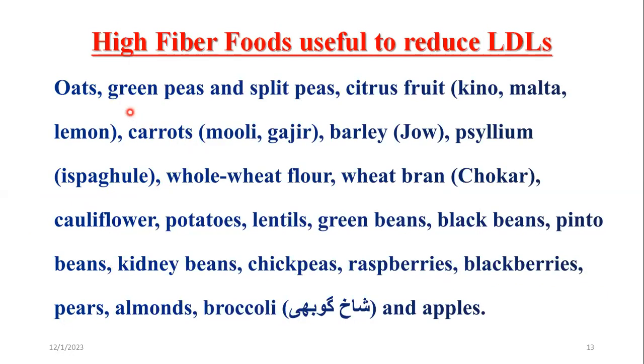High fiber foods are useful to reduce LDLs. They are oats, green peas, split peas, citrus fruits like malta and lemon, carrots, mooli, gajar, barley, psyllium, asparagus, whole wheat flour, wheat bran, cauliflower, potatoes, lentils, green beans, black beans, pinto beans, kidney beans, chickpeas, raspberries, blackberries, pears, almonds, broccoli, and apples.